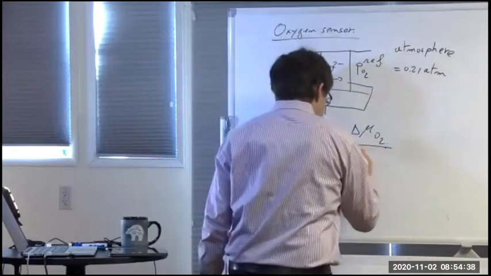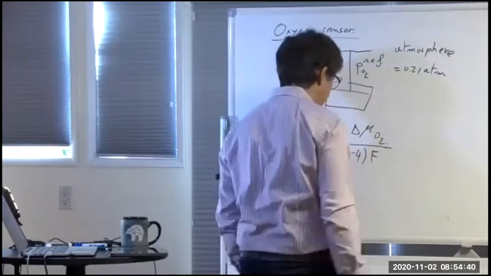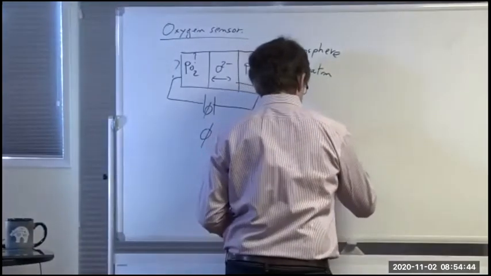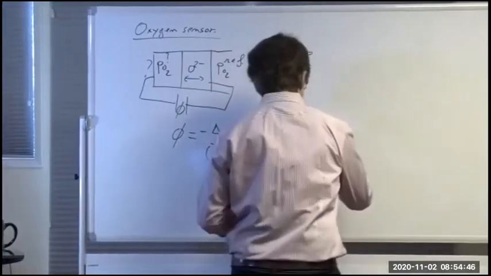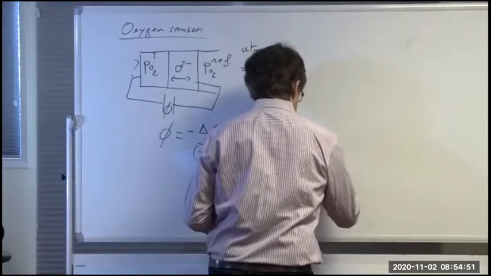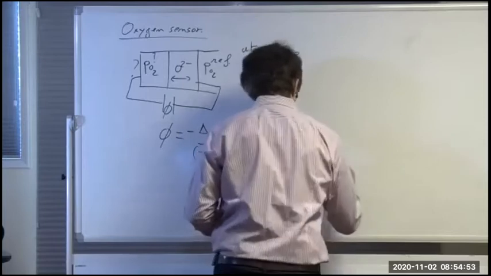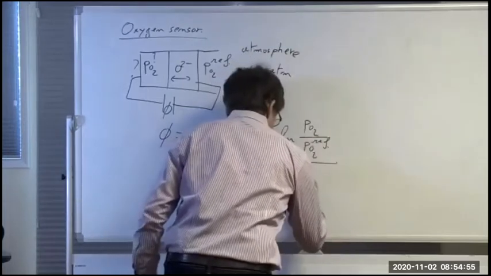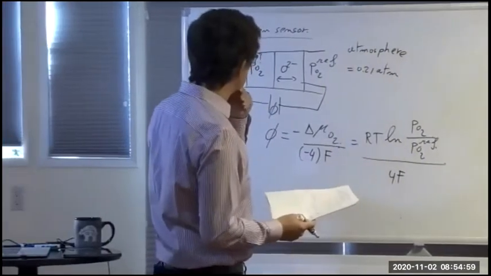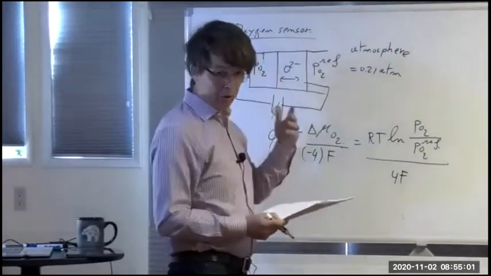It's actually minus 4 times the Faraday constant. So this is RT log PO2 divided by the PO2 in the reference, divided by 4 times the Faraday constant. So you've made yourself an oxygen sensor.